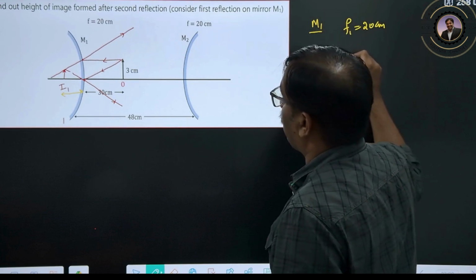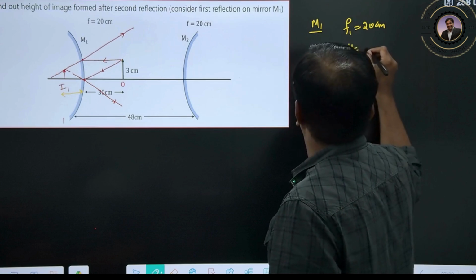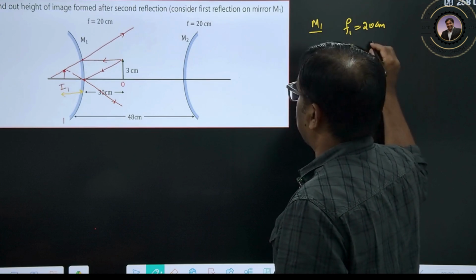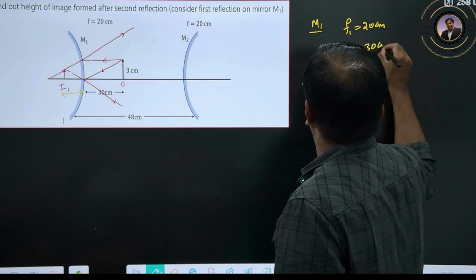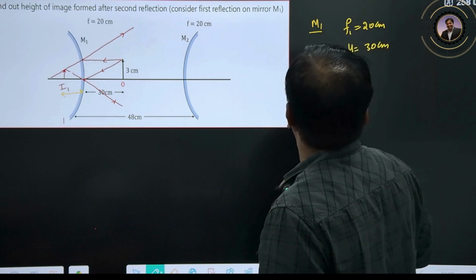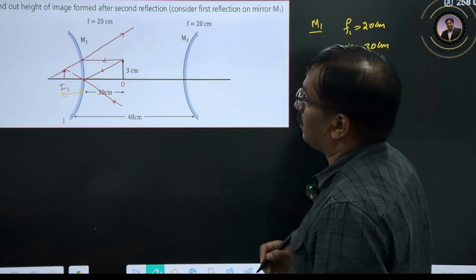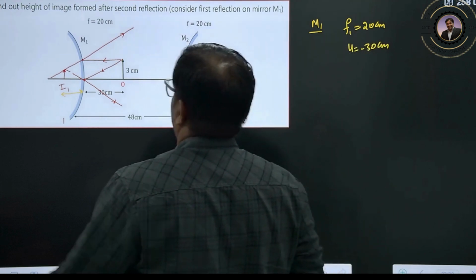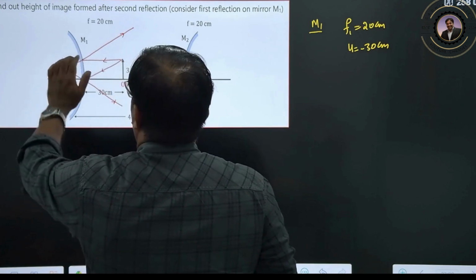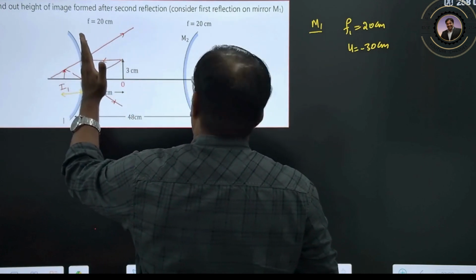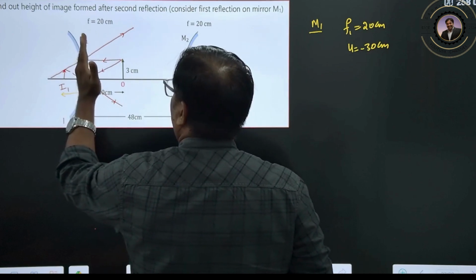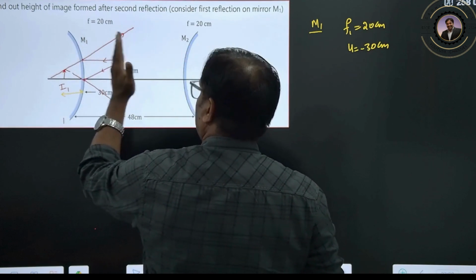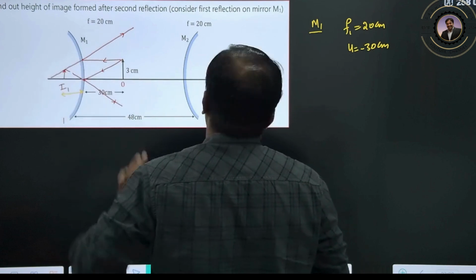Object distance is given as 30 centimeter, so this is minus. You can use this as the optic center. This is your object distance. Let us calculate the image distance now.